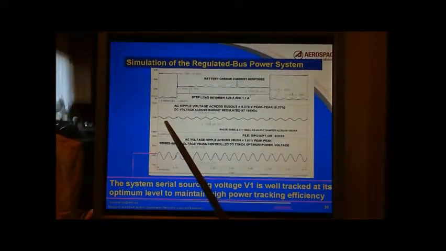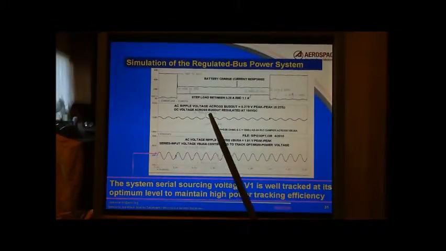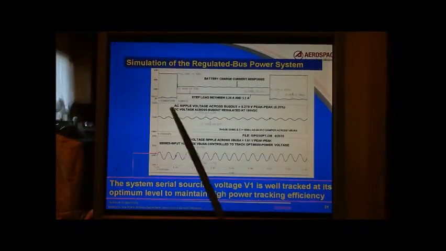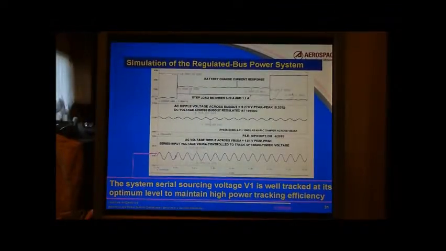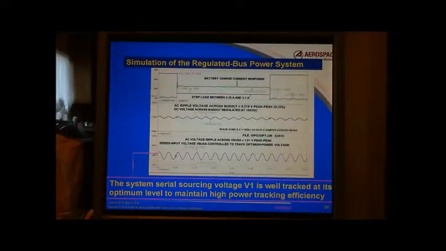However, this propagation of the ripple is quite insignificant because the regulated bus has high gain and is able to attenuate this ripple to an acceptable value. During that time, the battery charge current response has to adjust naturally to be compatible with the step load that steps between 5.2 amp and 1.1 amp.